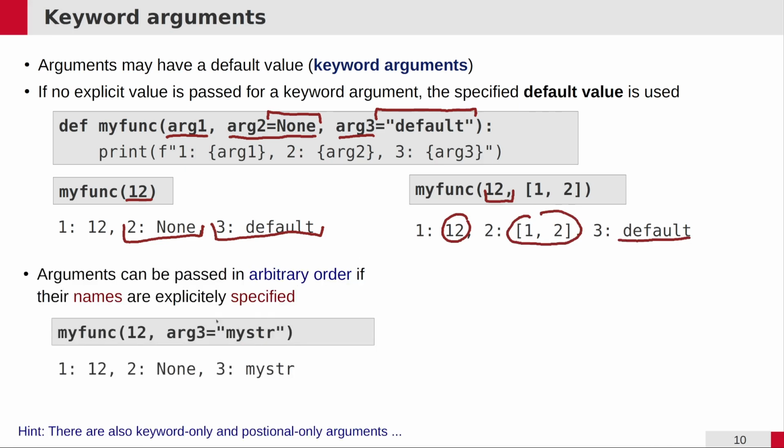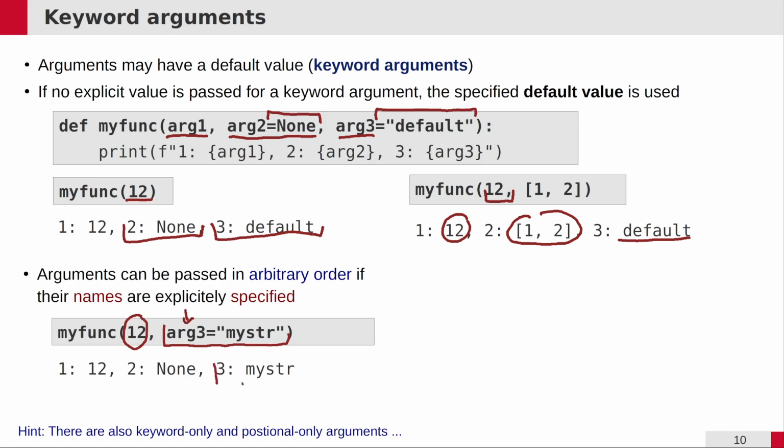I can even pass the arguments in arbitrary order. For example, if I don't want to specify the second argument, but I want to explicitly specify the third argument, then I can say I am passing the positional argument, which I always have to pass, and then I'm skipping the second argument, it will be None, and the third argument should be the string myStr.